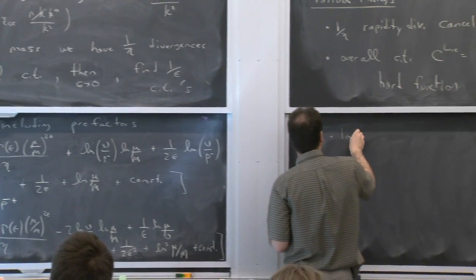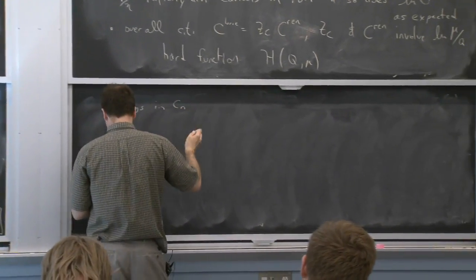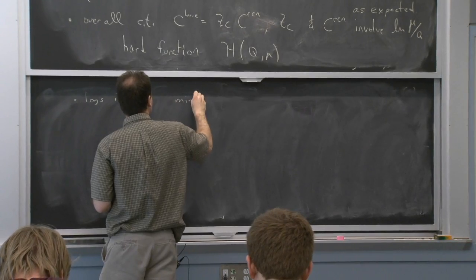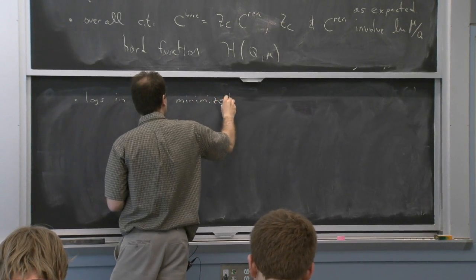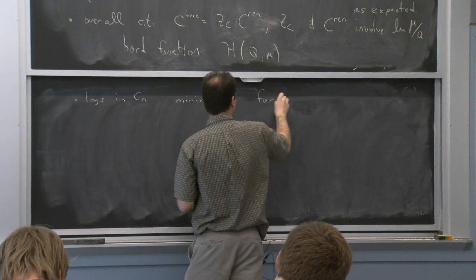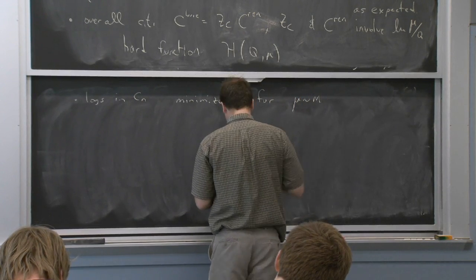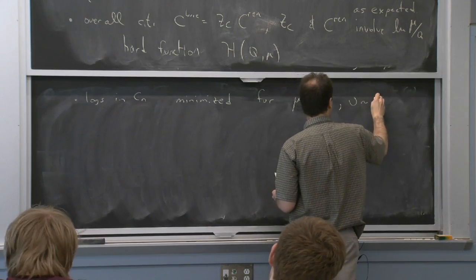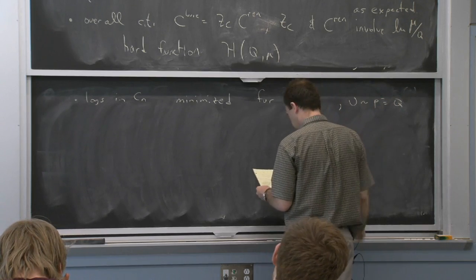So the logs in the collinear function are minimized for μ of order m, which says being on the hyperbola, but then ν should be of order p minus, which is q.